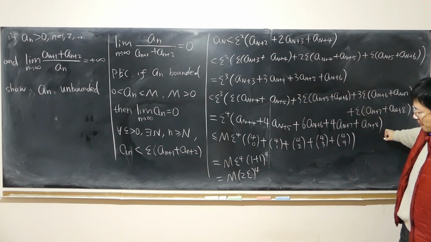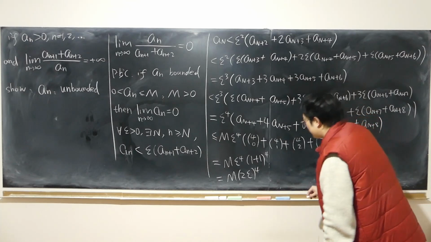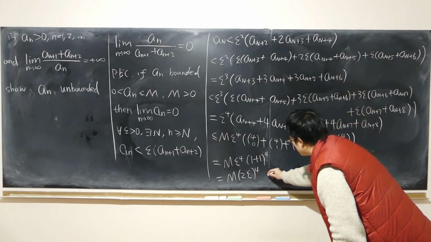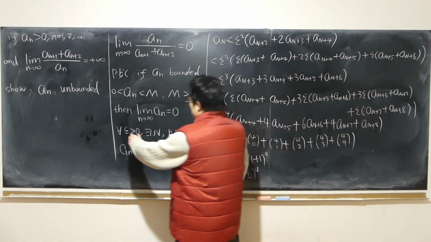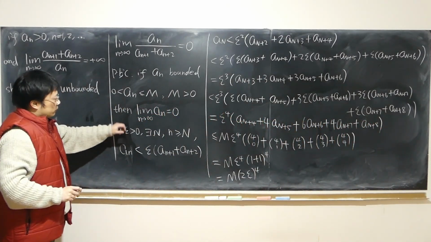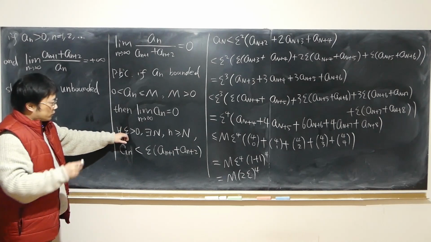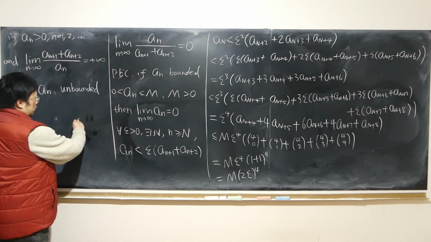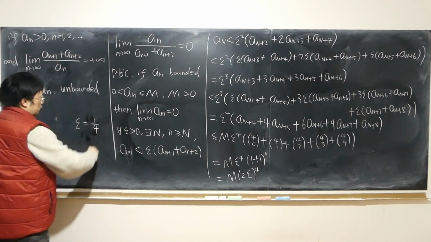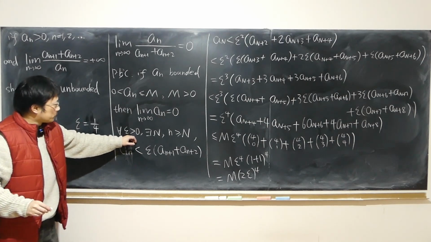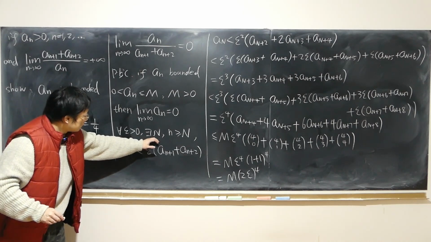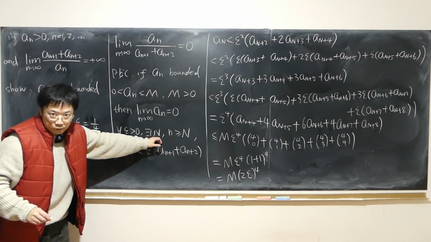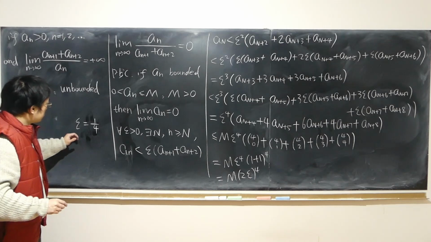Right? So what can we do about that? Well, what's nice about that is that epsilon is any positive number that works. So we say epsilon is 1 over 4, of course works. There is a capital N, of course, dependent on epsilon.